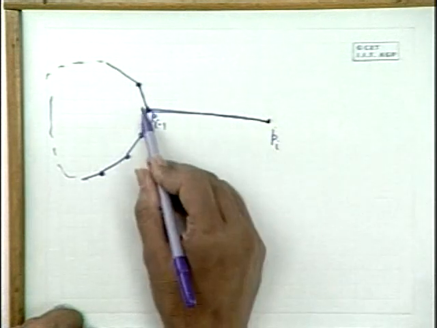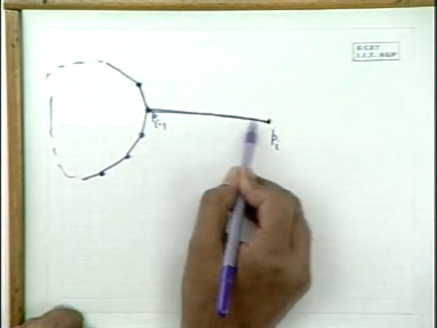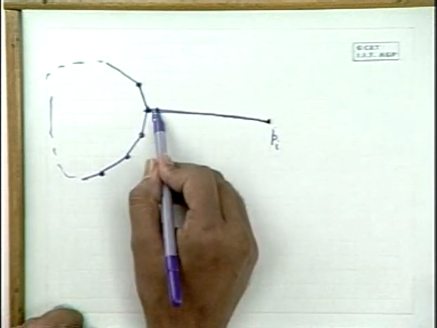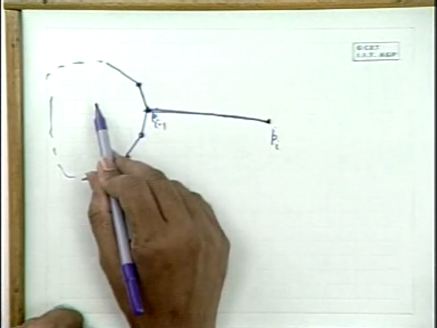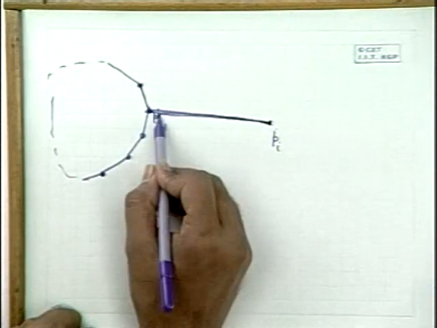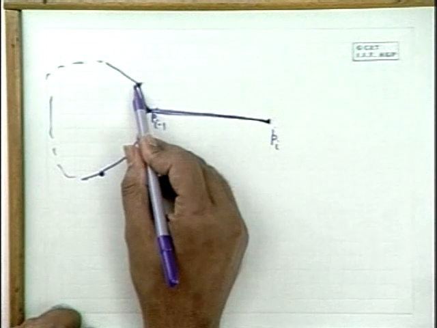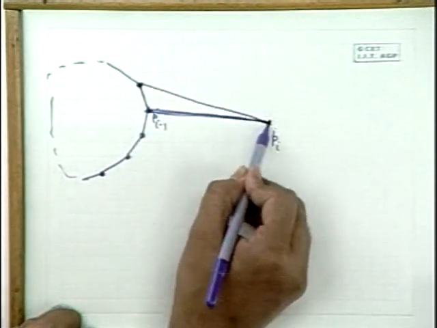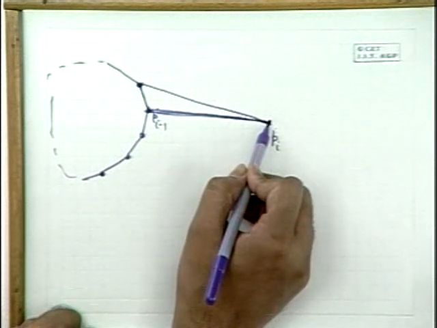You can see this is a right turn, so this edge cannot be a bridge. For this edge to be a bridge, it has to be a left turn. So this is this, then I am taking a right turn. So I know immediately this point cannot give me the proper bridge.